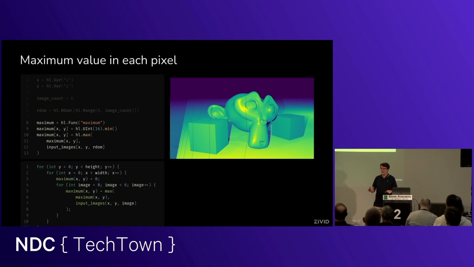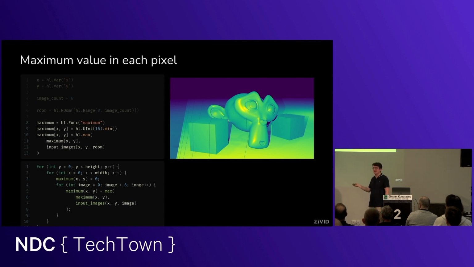And if you prefer to read procedural code instead, then this is the equivalent. We would loop over all the coordinates, initialize the maximum value to 0, and then calculate the maximum value of the previous one and the input image for all the images in a for loop.